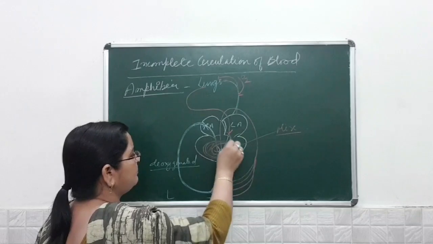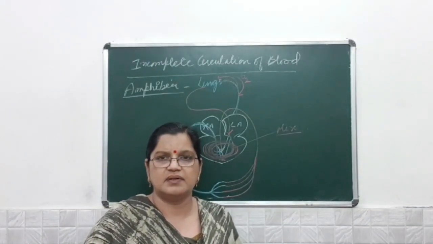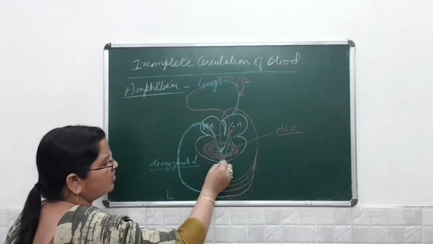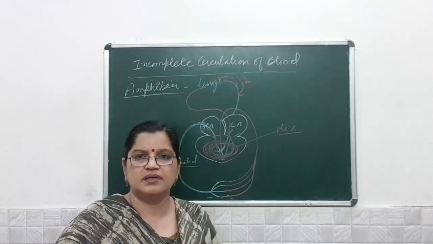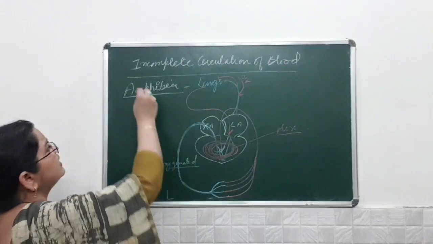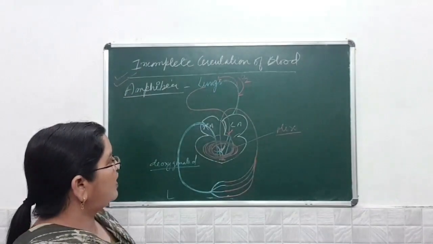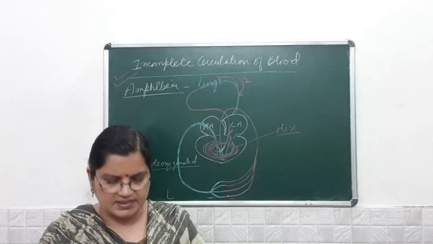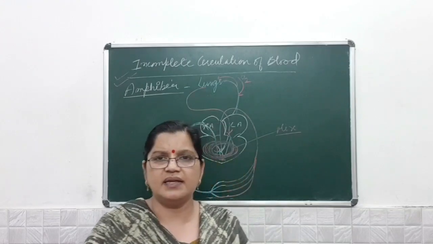So there is no separation between deoxygenated and oxygenated blood. That's why this type of circulation of blood is known as incomplete circulation of blood, found in amphibians. So today we have discussed different types of circulatory system present in animals.